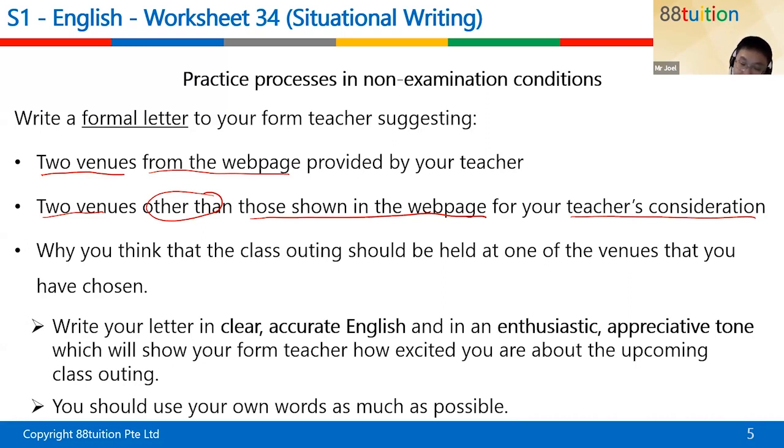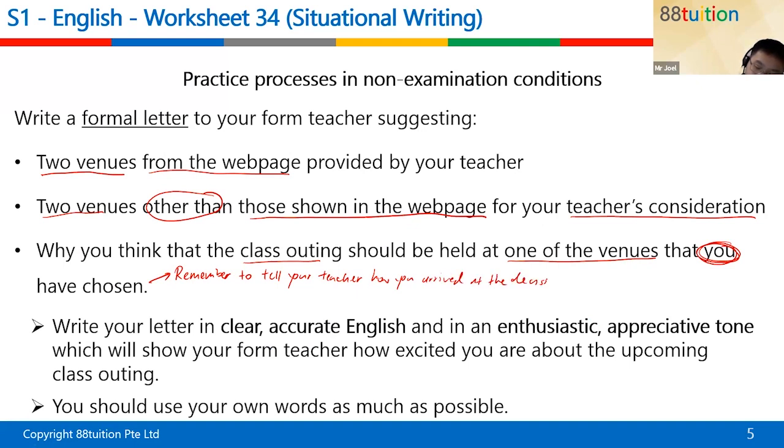And lastly, also tell your teacher why you think the class outing should be held at one of the venues that you have chosen. Look at this: one of the venues that you have chosen. Be very careful with this. What did it say just now? It says on behalf of the class. So remember to tell your teacher how you arrived at the decision.